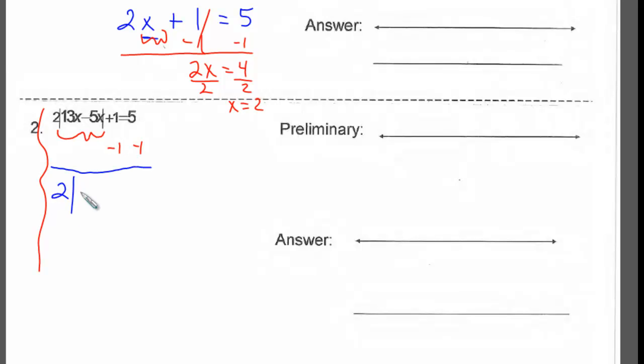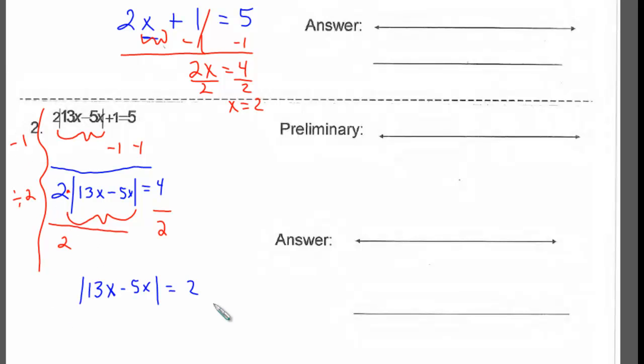That leaves 2 times the absolute value of 13x minus 5x is equal to 4. Notice the absolute value symbol is still not isolated. It's still not by itself because we still have a 2 that is being multiplied to it. So next I divide by 2 to get rid of it. Now the absolute value is isolated. It is by itself. So now I can solve this just like I did in example 1.